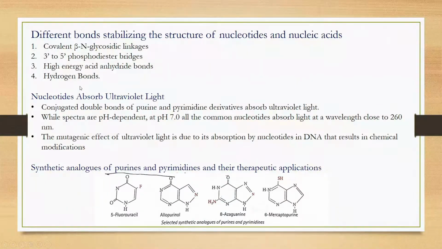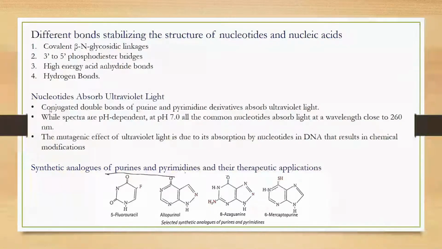There are 2 hydrogen bonds, and between guanine and cytosine there are 3 hydrogen bonds. Definitely the 3 hydrogen bonds between G and C make a stronger bond than the 2 hydrogen bonds between adenine and thymine and adenine and uracil.